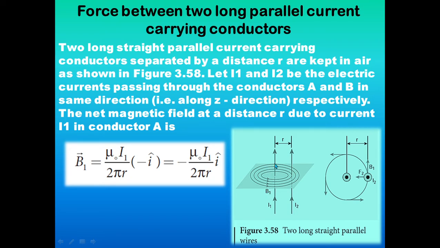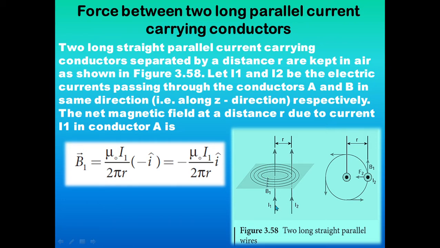Sorry, the current is passing along the z direction, because this direction is considered as the x-axis. This is the y-axis, and this line indicates the z direction respectively.